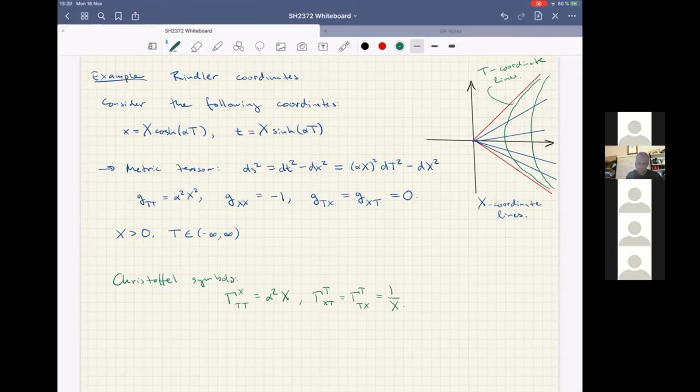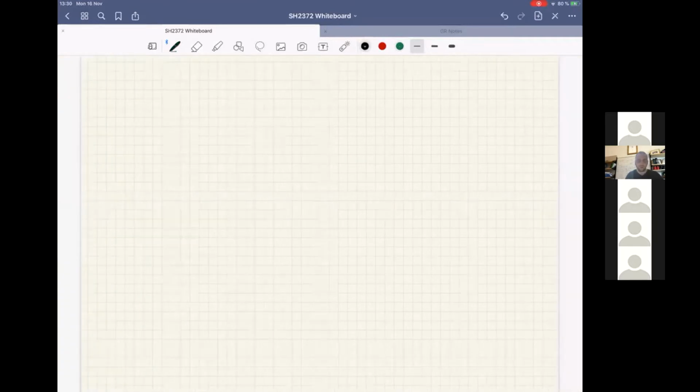So what I just discussed was how we can introduce curvilinear coordinates on Minkowski space. And that's not really doing anything. We are still in Minkowski space, so we're still dealing with what is essentially the special theory of relativity.